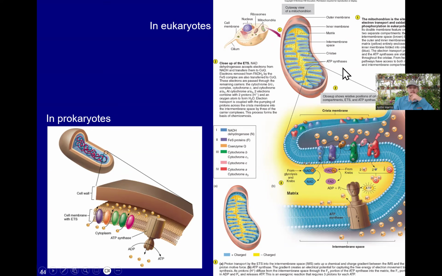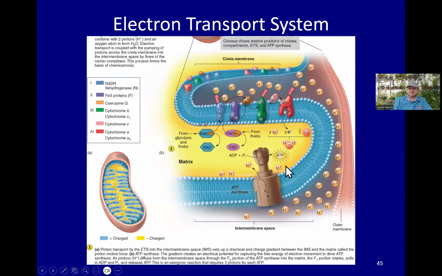And we do the same thing in mitochondria, where we shuttle in these high energy molecules, the same ones, and pump these hydrogens into what's known as the inner membrane space. But this is kind of confusing because this is only in eukaryotes. But these hydrogen ions or protons create this chemical gradient.